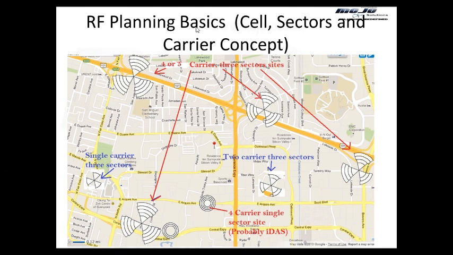you see there are cells. Okay, these are sectors. This is one sector. Every site has three sectors. This site has only one sector, but it is an omnidirectional site. It has three sectors but two carriers.